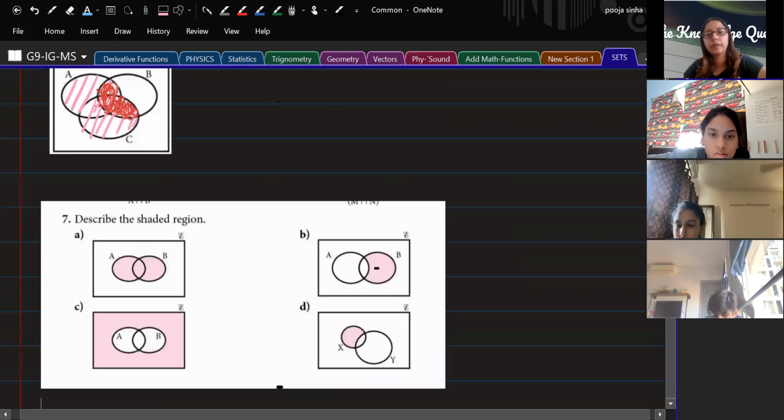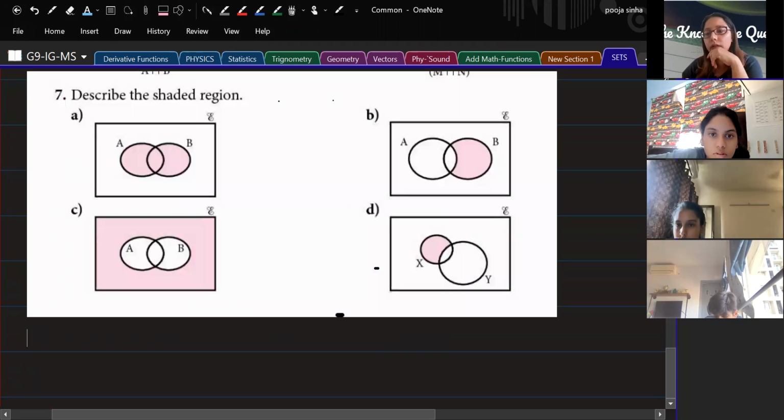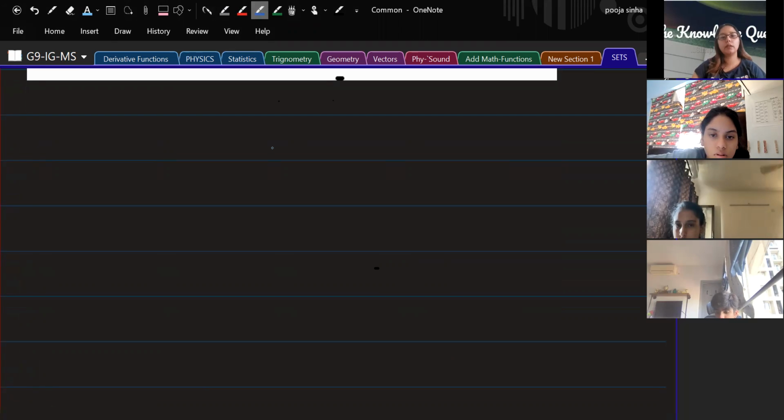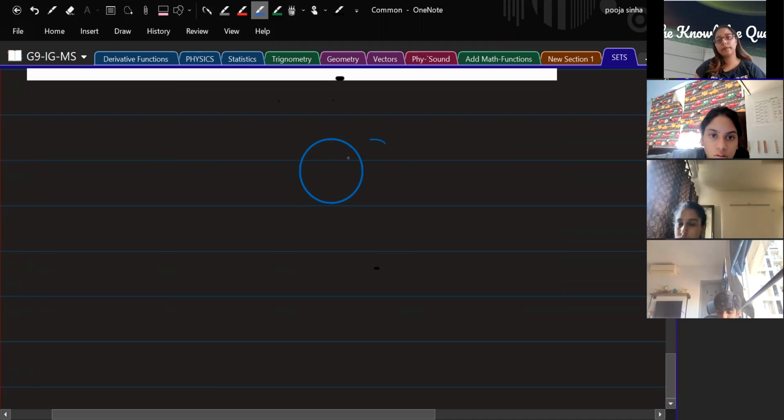Now, in this one, you have to describe the kind of region it is. Like for example, suppose I say, ध्यान से देखना मेरे इसको. This is A, this is B, and this is C. And suppose only this part is highlighted.